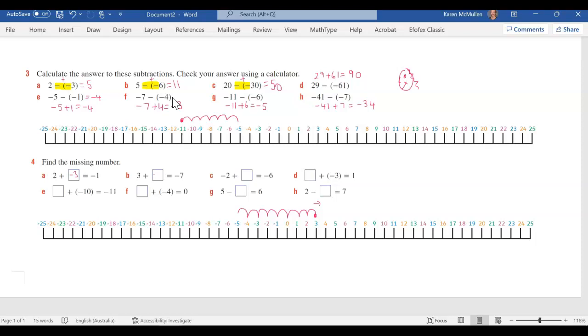Wrong thing. Got to keep going to negative 7. All right, I subtracted 7. I didn't go all the way to negative 7. All right, how many did we go? I lost count. 1, 2, 3, 4, 5, 6, 7, 8, 9, 10. So 3 plus negative 10 gives you negative 7.